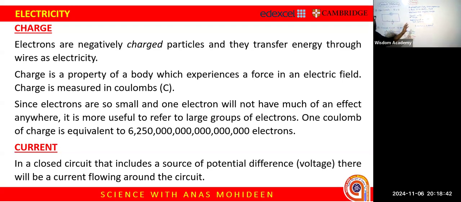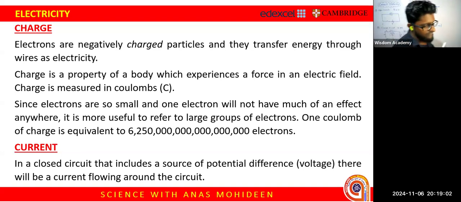So you see, it is said that 1 coulomb is equal to 6.25 into 10 to the power 18 electrons. So it is easy for us to write it in the standard form, in scientific notation.